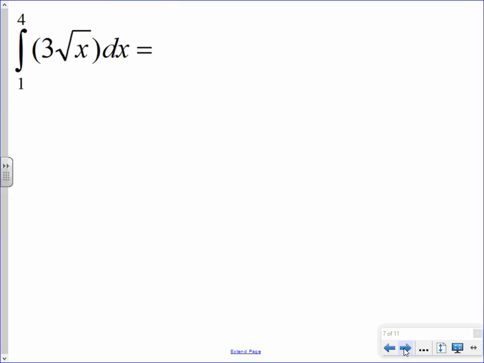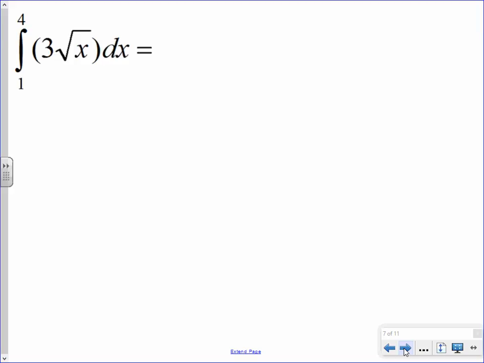Go and write this one down. We have the integral from 1 to 4 of 3 radical x dx.